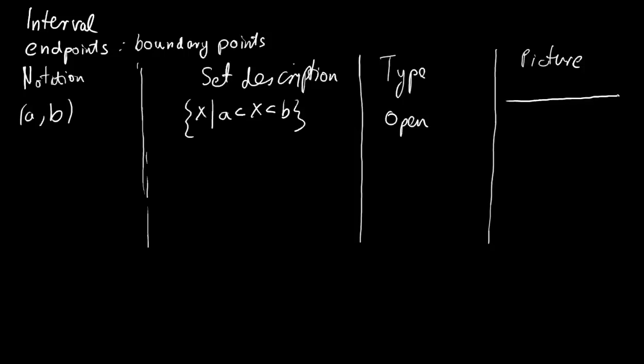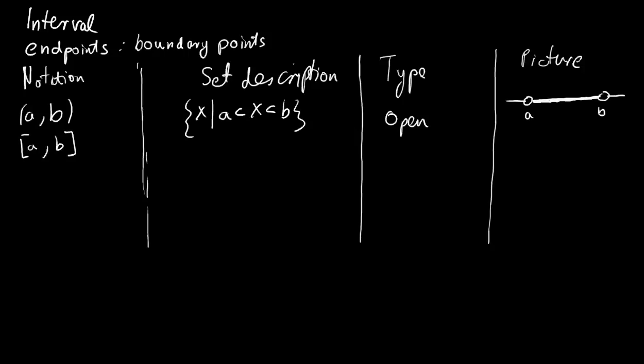And we used to draw it like this. We draw a line, and then we say that there are two circles here, A and B, because it doesn't contain A and B, and this is our interval here.